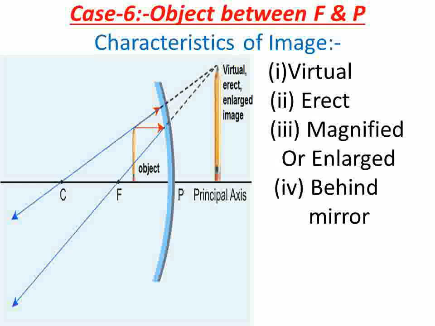Therefore, in the backward direction they are meeting at a point, and the dotted lines intersect and make the virtual image. A virtual image is always erect, that is, rays of light do not really intersect here. Then: virtual, erect, magnified or enlarged, and it is behind the mirror.